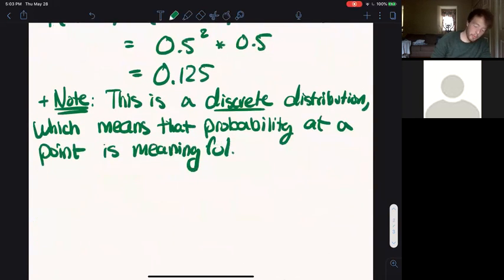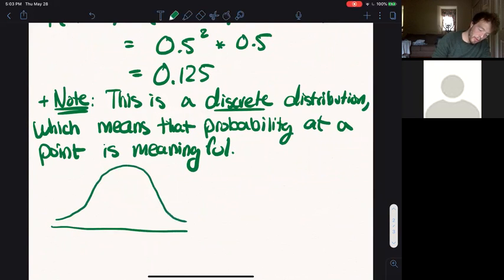Recall that whenever we were dealing with probabilities of a continuous type, if we want to know the probability at a single point, like if I want to know the probability at 5, this was always equal to 0.